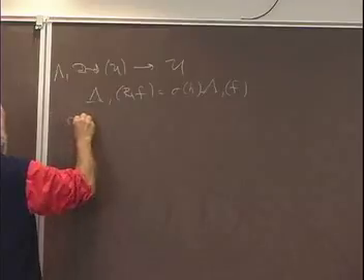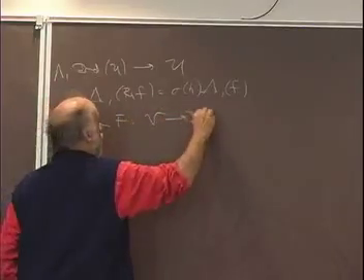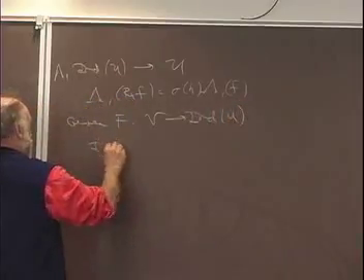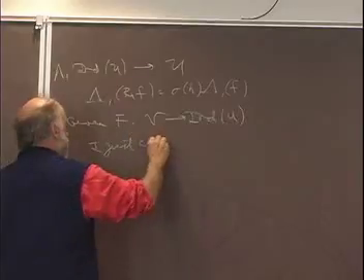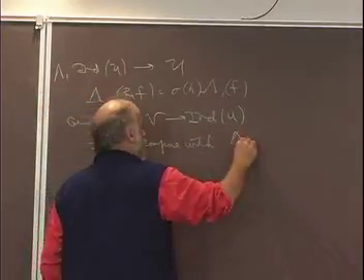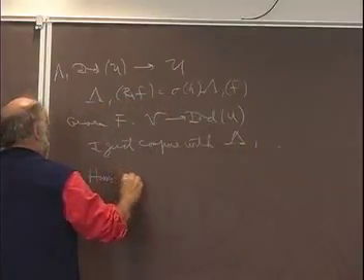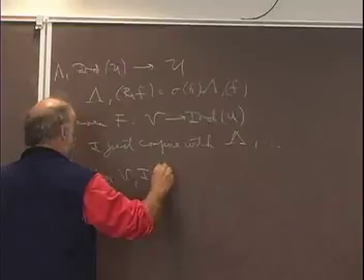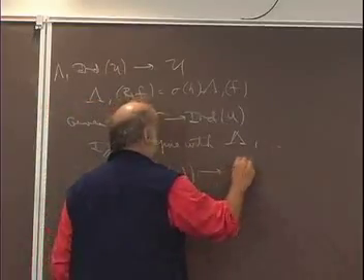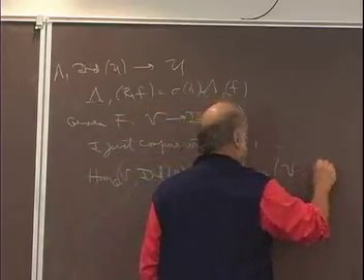So given F from V to end U, I just compose with lambda. So the map from Hom V, end U goes to Hom H, VU.